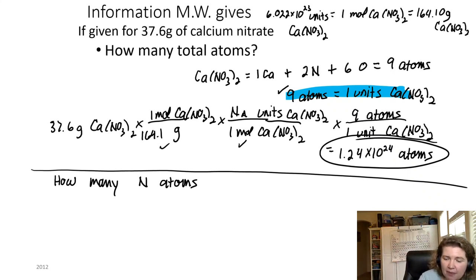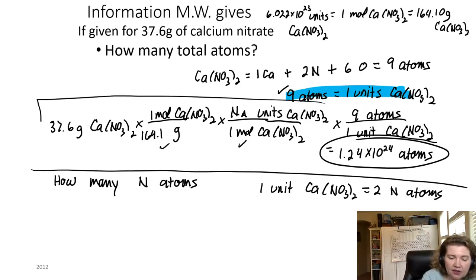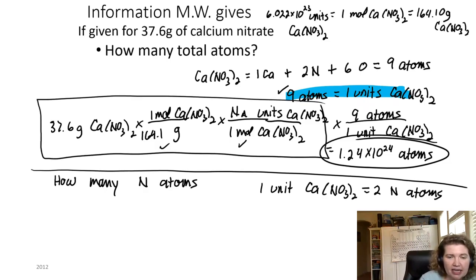I'm going to go back to my units of calcium nitrate, and I'm going to say if I have 1 unit of calcium nitrate, that I need 2 nitrogen atoms, because that's how you build it. So again, I'm going to start this problem out identical to what I did in the first bit, and I'm just going to change the last statement to be about nitrogen atoms instead of total atoms.